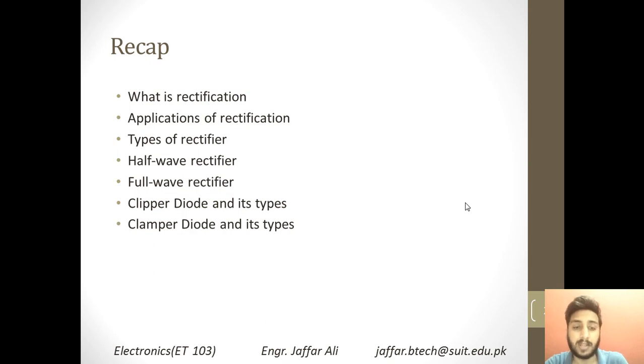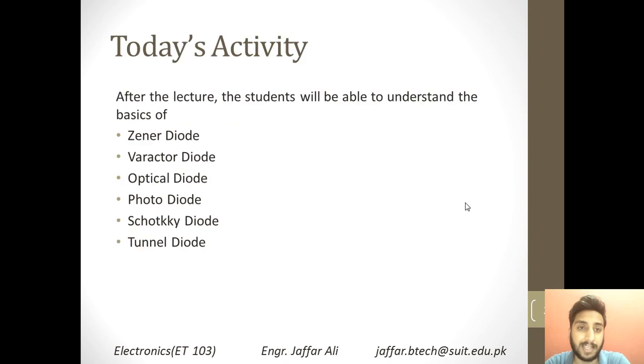And in the last part of the previous lecture, we learned about the clamper diode and its types, that is, how you can take some portion from one part, from the peak, positive or negative, and place it into the other part.